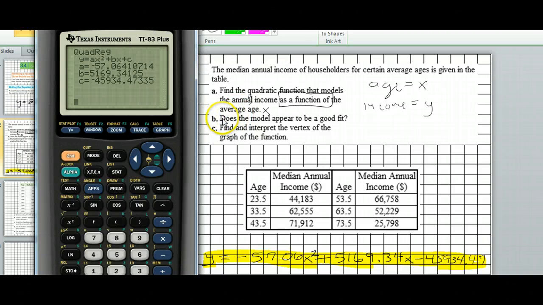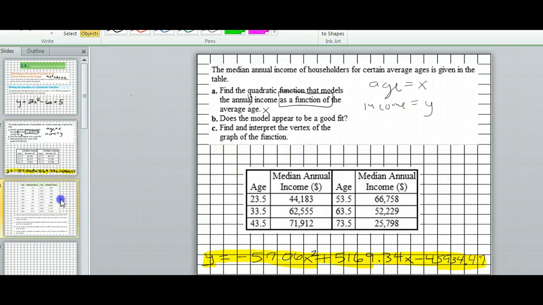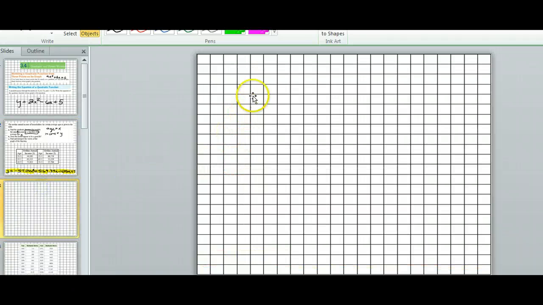Now this second part says, does the model appear to be a good fit? What we need to do to see if it's a good fit is something we call diagnostics.